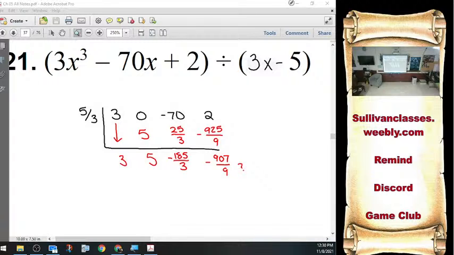I took 185 over 9 times negative 5, and I got negative 37. Oh, because it was over 3. You have it over 9. Oh, in there? Oh, wait. Yeah, because I'm going to have to divide all those by 3. Okay, so then over 9.